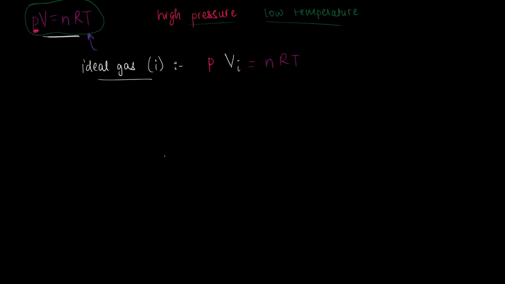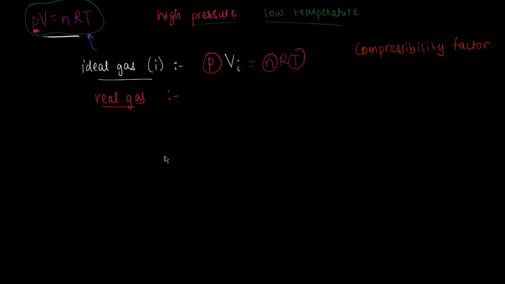Now let's say you had the same number of moles of gas, the same temperature, the same pressure of a real, non-ideal gas. Then how will you incorporate the realness of this gas into the ideal gas equation? For that, let's define the compressibility factor.